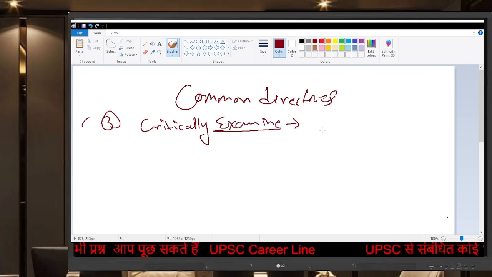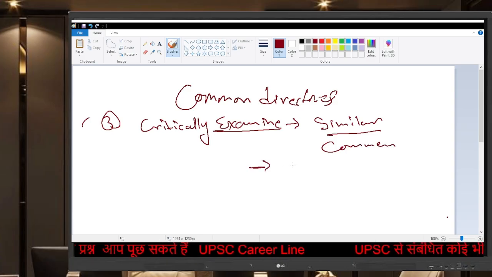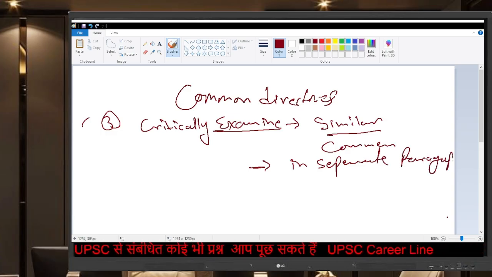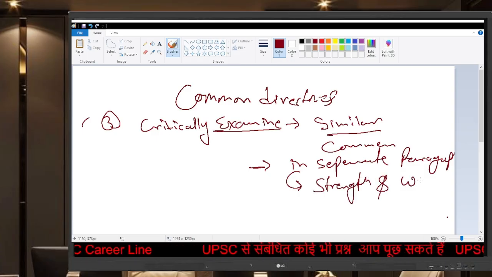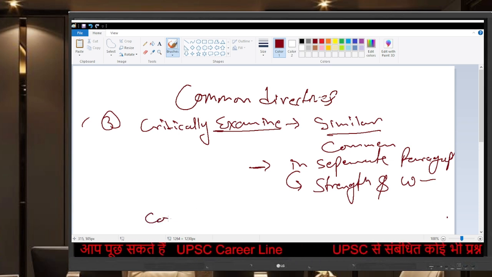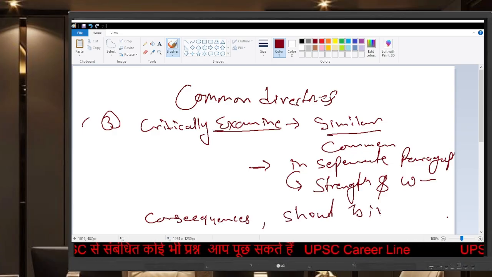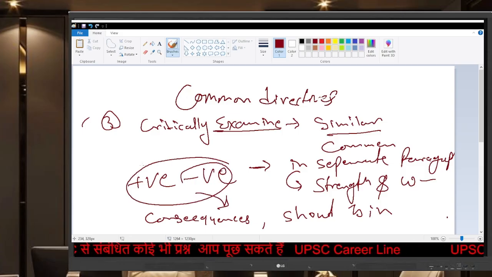Here you can write similar to the above, but write the strengths and weaknesses in separate paragraphs. Write strengths and weaknesses. After that, you can conclude on the topic's consequences. It should be in a separate paragraph and conclude without taking sides. There are no sides like positive and negative. You can conclude directly without writing this.